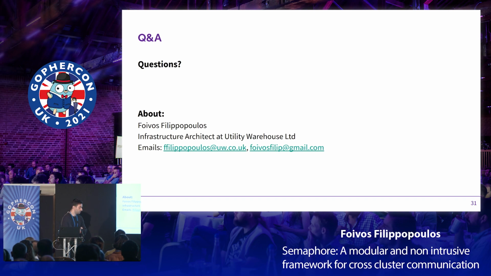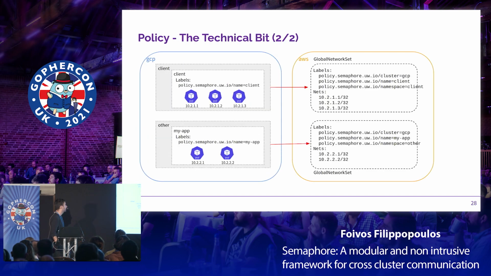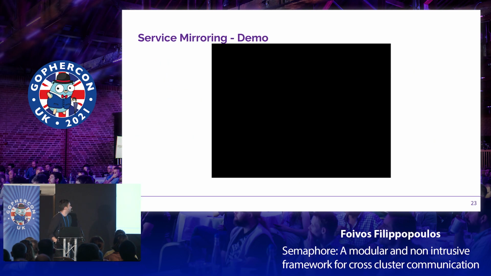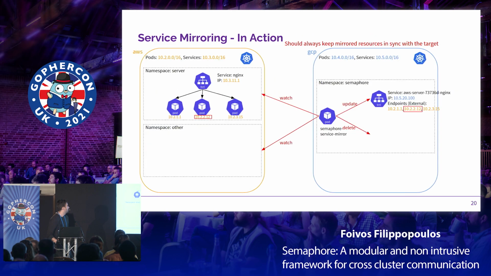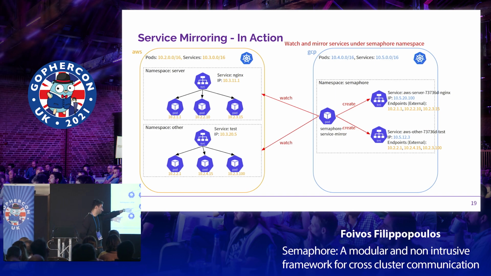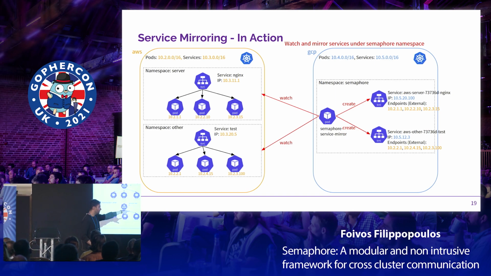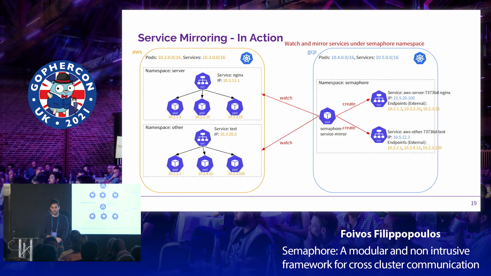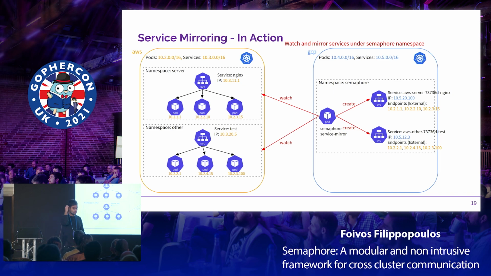When you go back here, if you want to access the service 10.5.20.100 from a pod running on GCP, load balancing is going to happen on the host where the pod is running, and this is all set by Kubernetes.